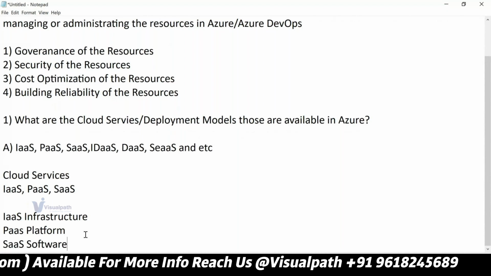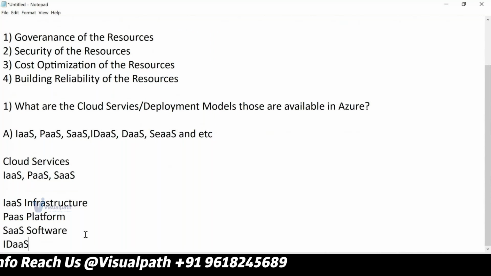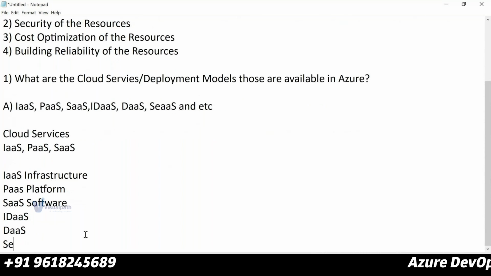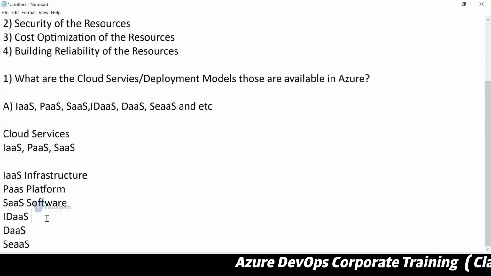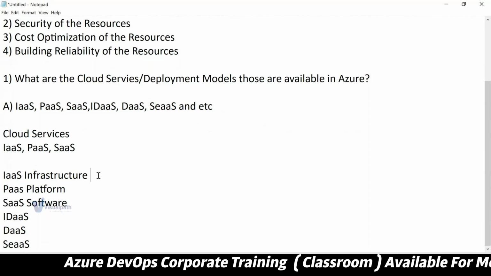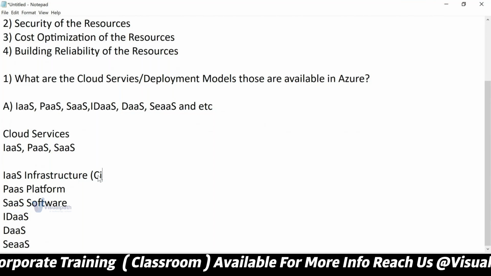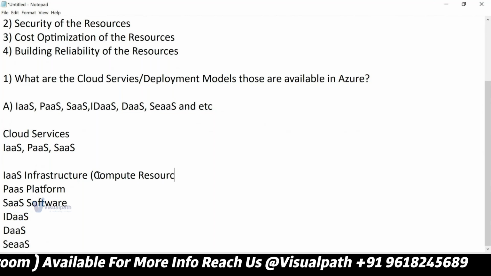Then IDaaS, then DaaS, then CS. Simple answer. Basically, in the case of IaaS, you will be dealing with compute resources and network resources.